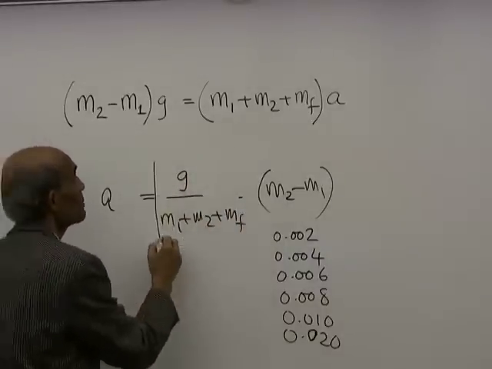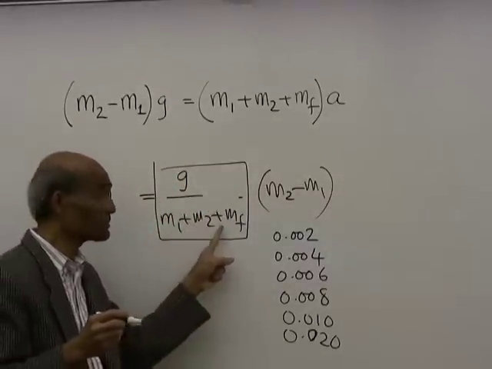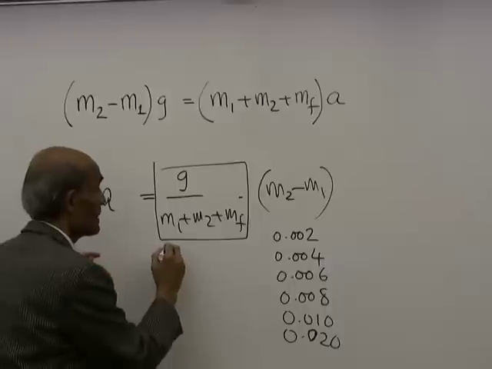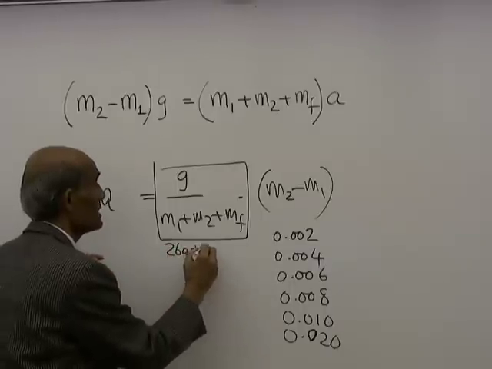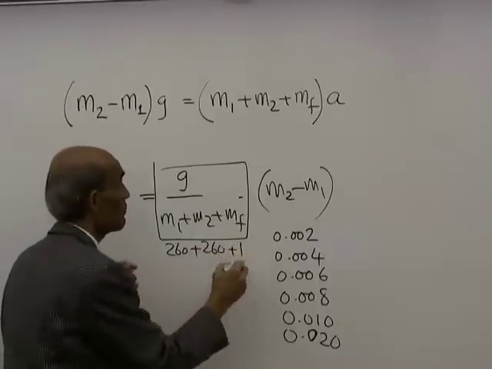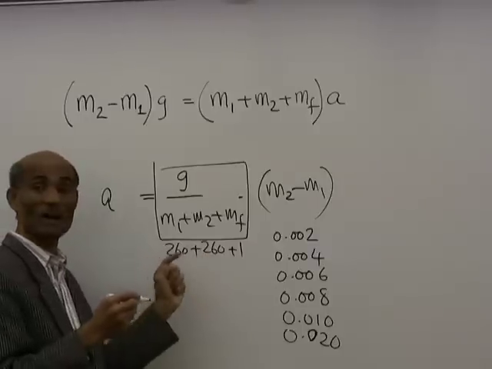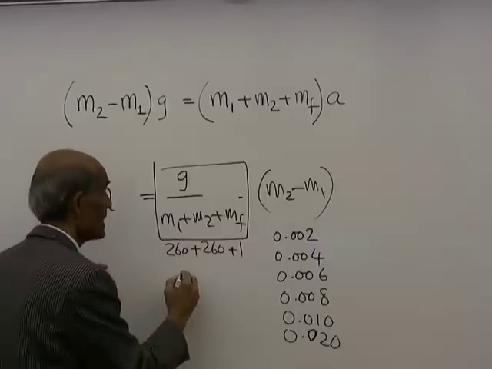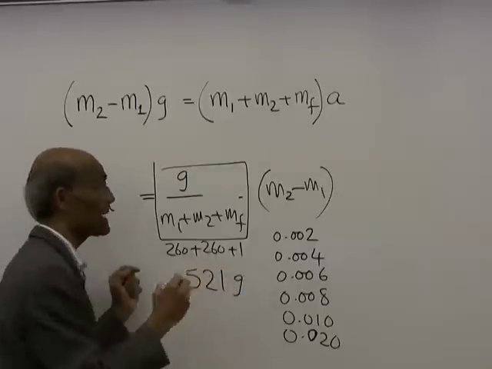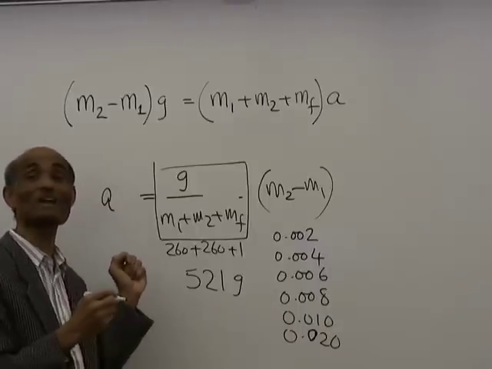Slope will be equal to this quantity. And you know this, don't you? m1 plus m2 plus mf. m1 is 260, m2 is 260 gram, mf was 1 gram. 260 plus 260 is 520, so that will be a total of 521 gram, which is 0.521 kilogram.